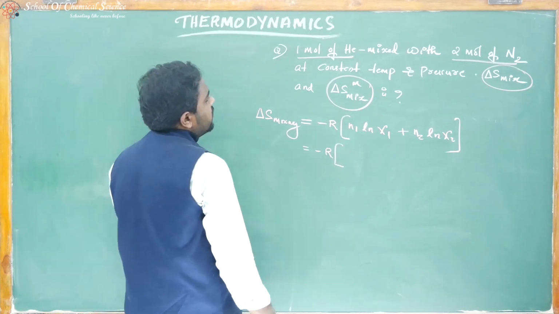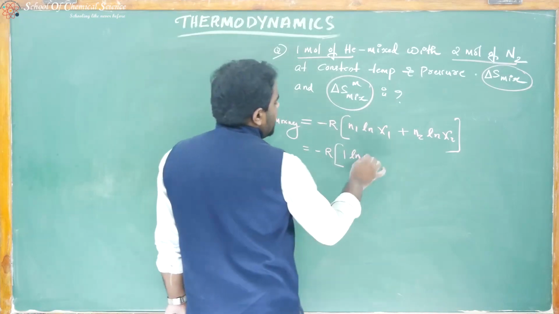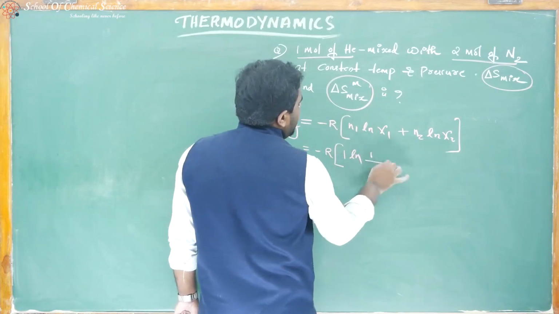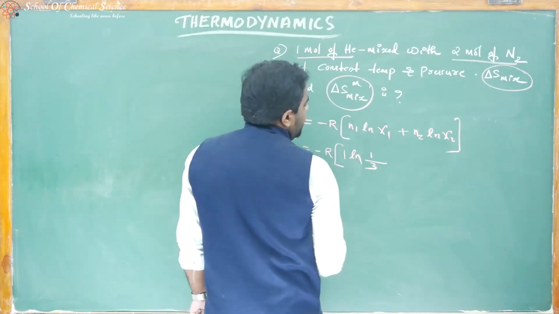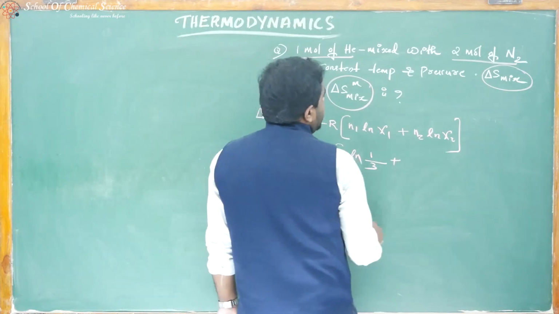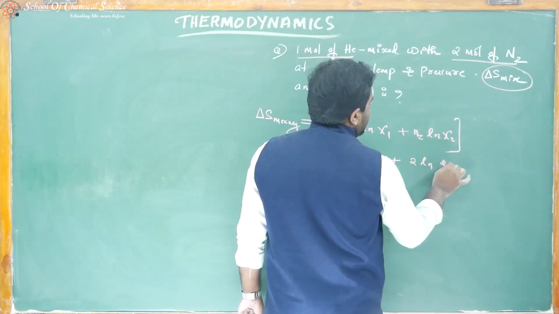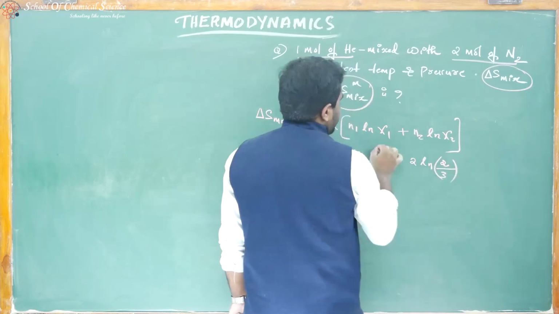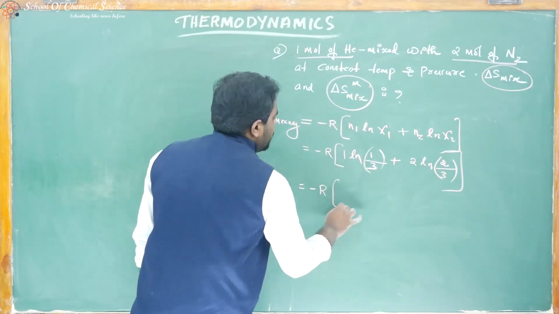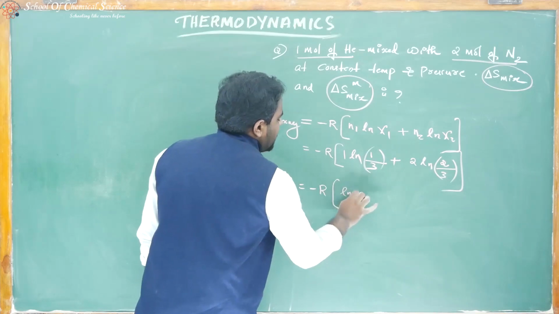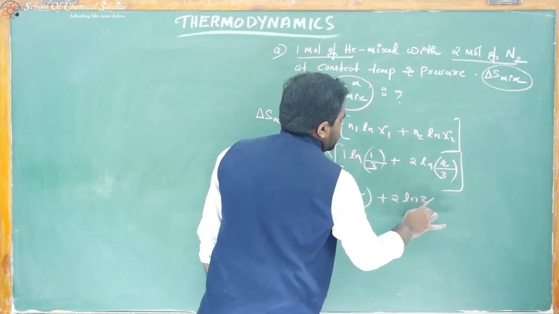Number of moles of helium is 1, and chi1 is the number of moles of that component divided by total number of moles. Total number of moles is 1 plus 2, 3. So ln 1 by 3 plus N2 is 2, ln of mole fraction 2 by 3. So that is equal to minus R into ln 1 by 3 plus 2 ln 2 by 3.